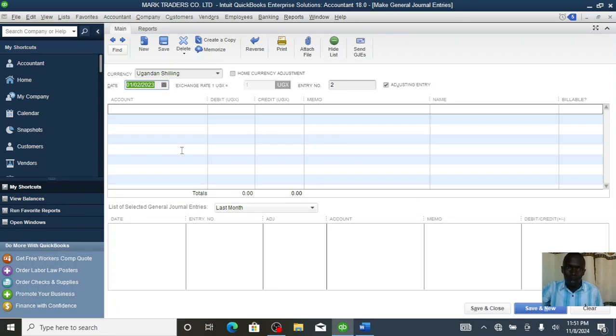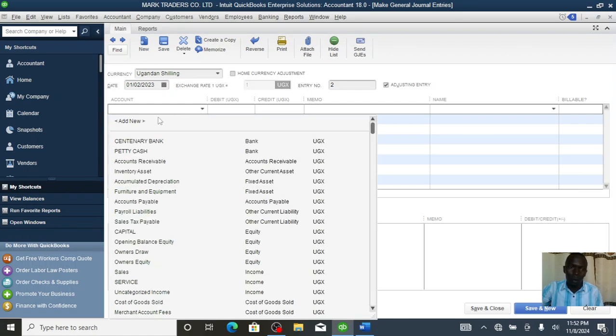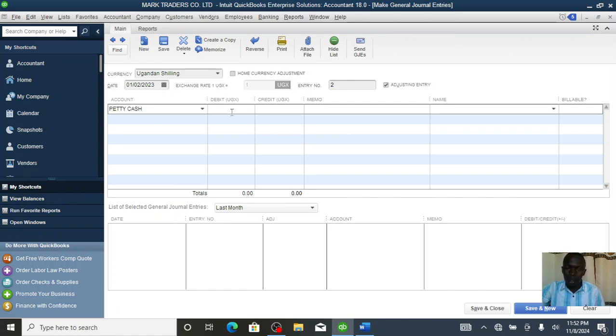So it is still on 2nd January. They are saying we withdrew 10 million from the bank for business use. So we are going to debit petty cash with 10 million.